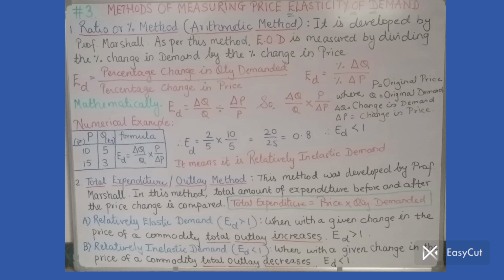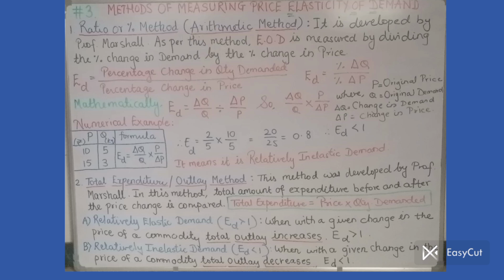As per this method, elasticity of demand is measured by dividing the percentage change in demand by the percentage change in price. That means whatever formulas we learned in great detail in the earlier answer, same thing we are repeating here. So, ED equal to percentage change in quantity demanded upon percentage change in price.